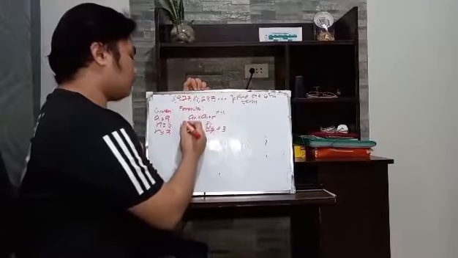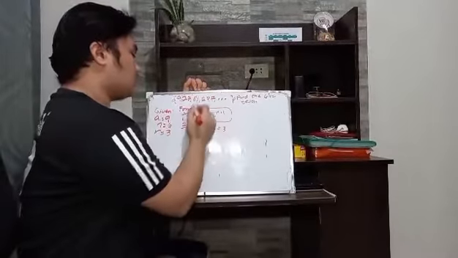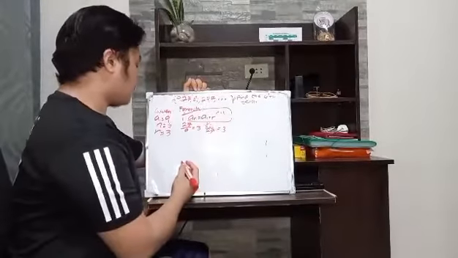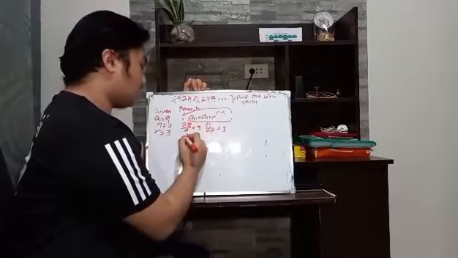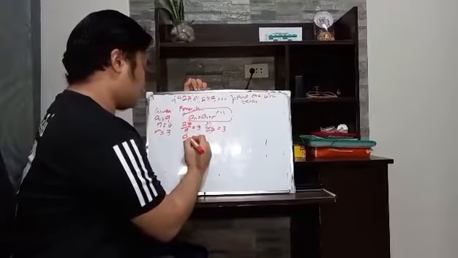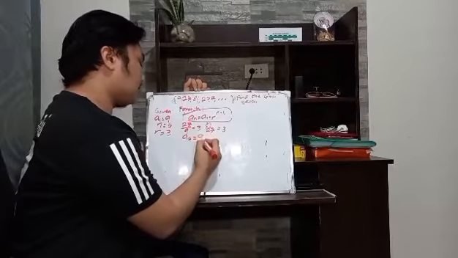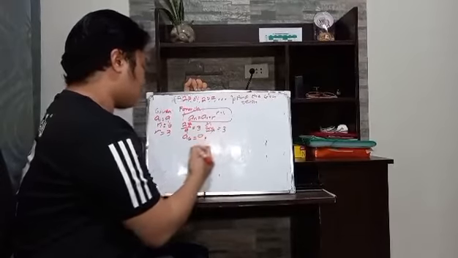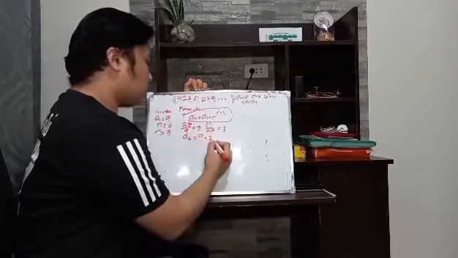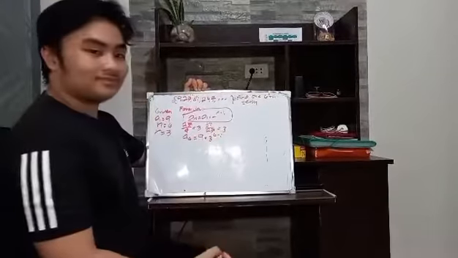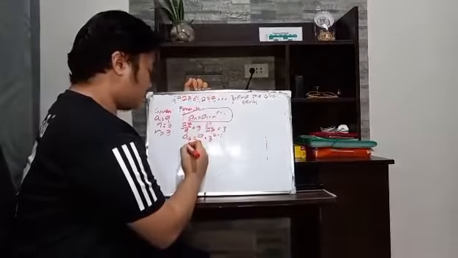Let us solve this sequence using our formula. Instead of writing a sub n, we will write a sub 6 is equal to the first term 9 times r, which is 3, raised to the power of n minus 1, so 6 minus 1. Simplify.